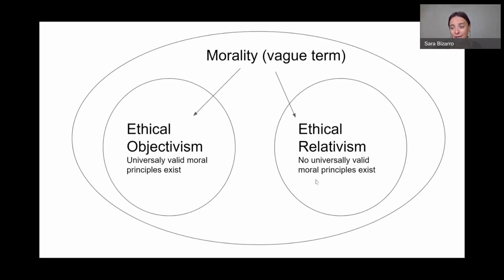They could fall on this side. So you don't really have to pick between one side and the other. You can just say, okay, well, there are these things that differ from culture to culture, person to person, and those things are relative. But there are other things that I actually think should be universal. Like, for instance, there should be no slavery.